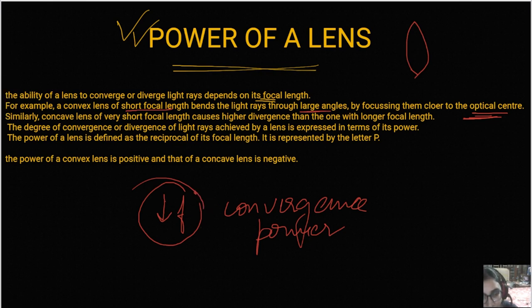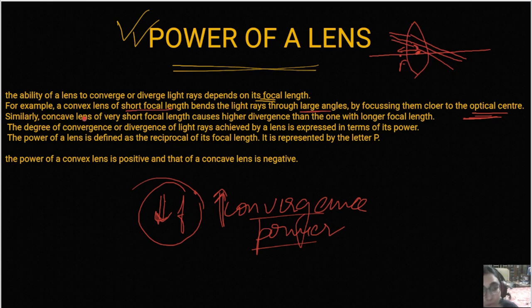So the shorter the focal length, the more is the convergence power of the convex lens, or biconvex lens in this case. What it is basically saying is that the more you reduce the distance between F and O, the more the light will converge towards the optical center.